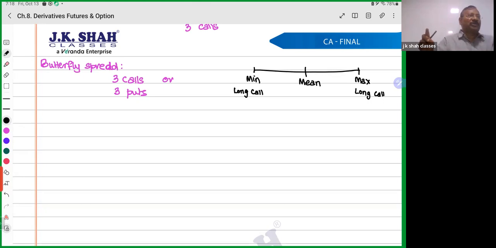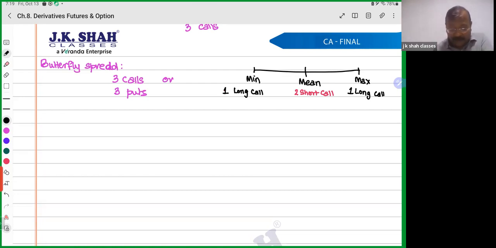To neutralize these two long call positions, what we do is one long call and two short calls. Now remember, this 1 to 1 is just the ratio. So for example, I could do 5 long calls at the minimum side, 5 long calls here, and to neutralize these, 10 calls at the middle. So this is just the ratio.